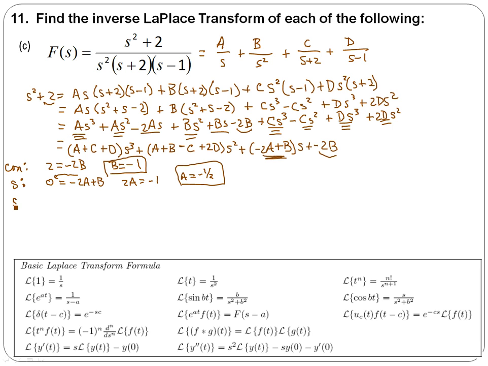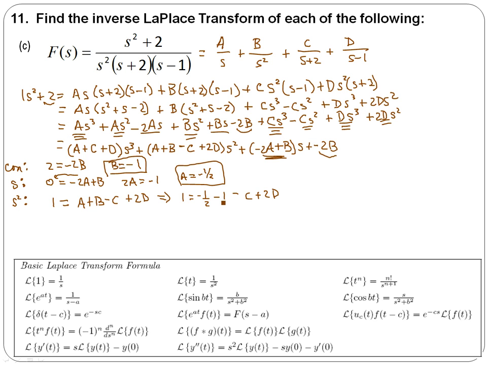Okay, for my s squared terms, here I have a 1s squared on the left side, and on the right side I have a plus b minus c plus 2d. Well, I know a and b, I don't know c and d. So let me substitute in. I'm going to get 1 equals a is negative 1/2, b is negative 1, minus c plus 2d.